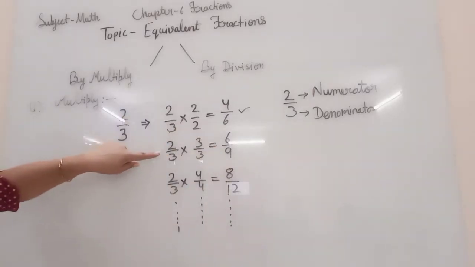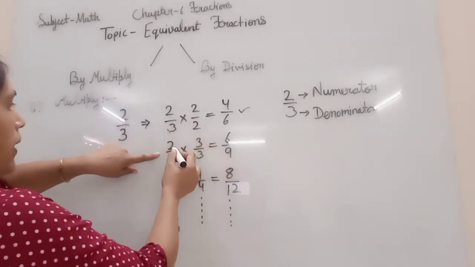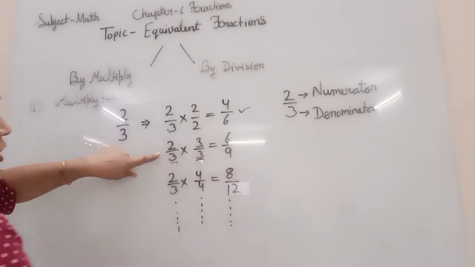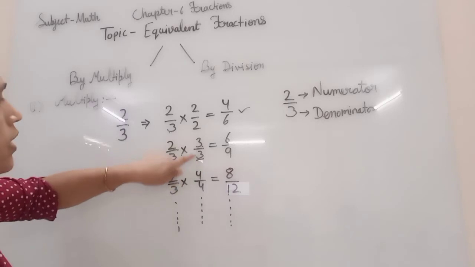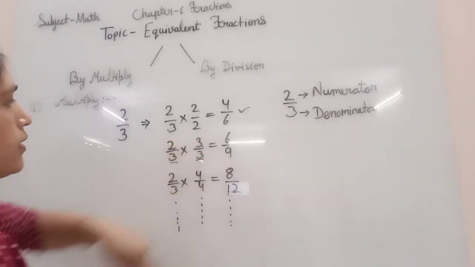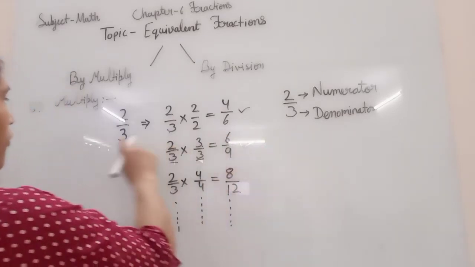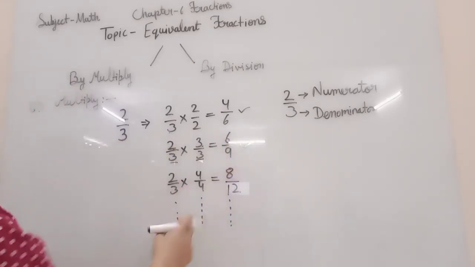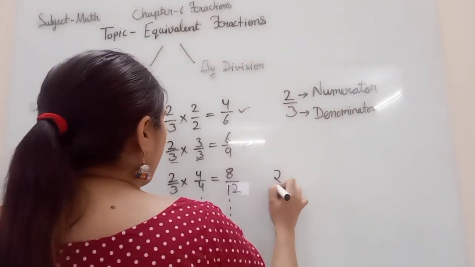Let's find the next equivalent. If I am multiplying the 2 by 3, I have to multiply the 3 by 3 also, with the same number. 3 2s are 6 and 3 3s are 9. This is also an equivalent fraction. Now 2 by 3, I am multiplying by 4 by 4. You can take any number here.